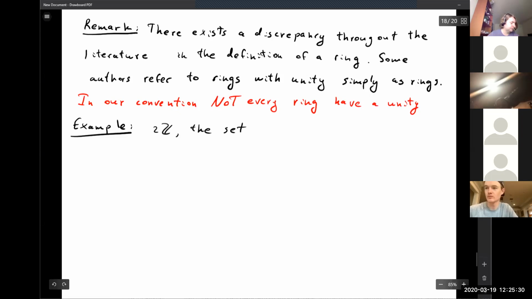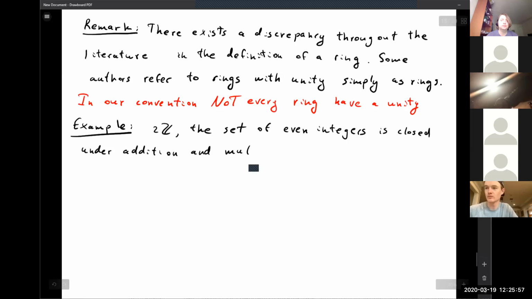The set of even integers is closed under addition and multiplication. Hence it forms a subring of Z.